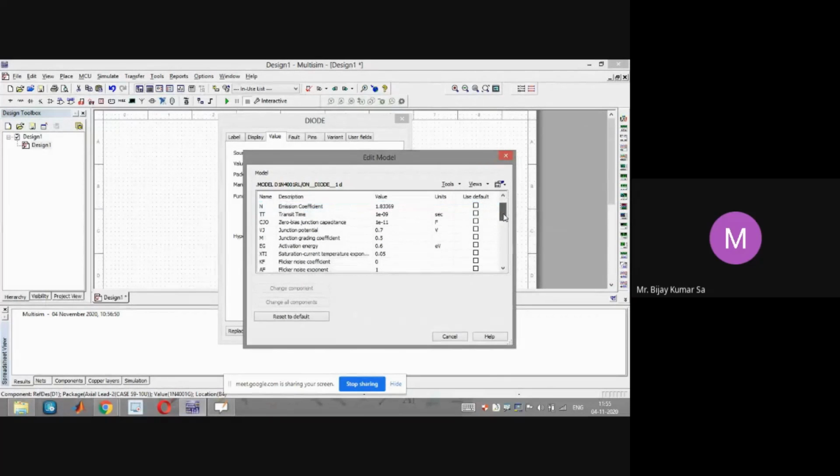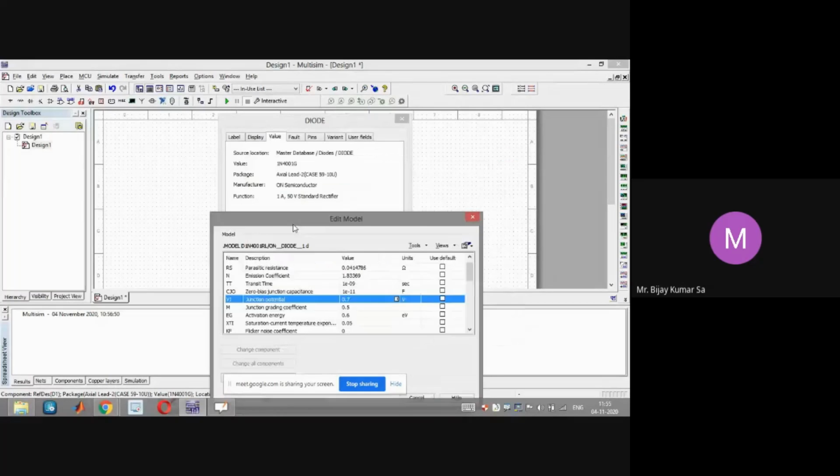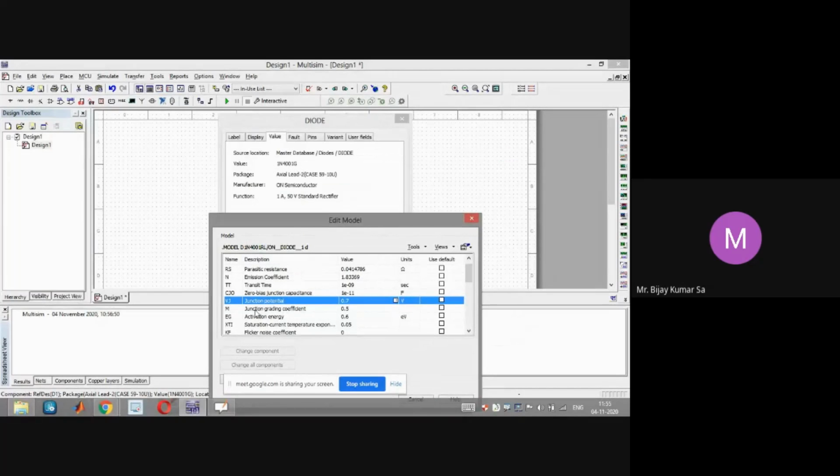Likewise, different specs are given in this table. Where can we find the knee voltage? Here it is given as Vj, the junction potential, which is 0.7 volt. That is the knee voltage of this particular diode. 1N4001G has a knee voltage of 0.7 volt.